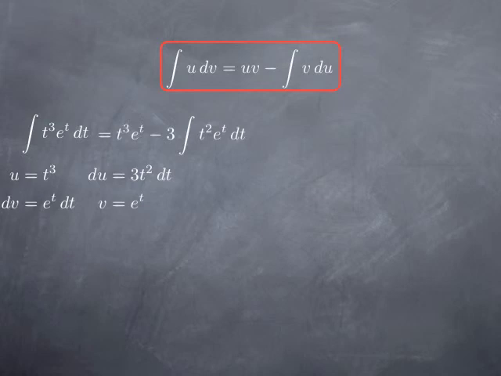We obtain the integral of t squared e to the t, and it looks pretty much as difficult as the previous one. Not quite though, because we started with the integral of a polynomial of degree 3 times e to the t, and now we have an integral of a polynomial of degree 2 times e to the t.